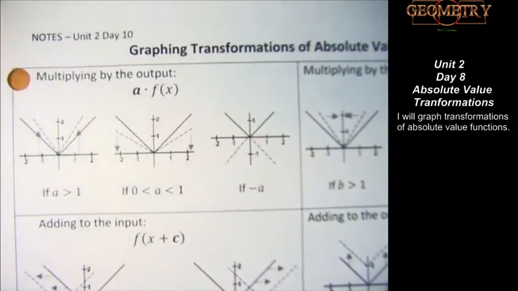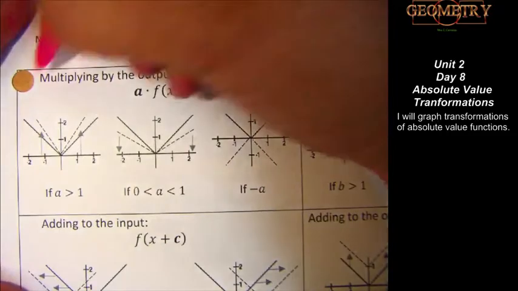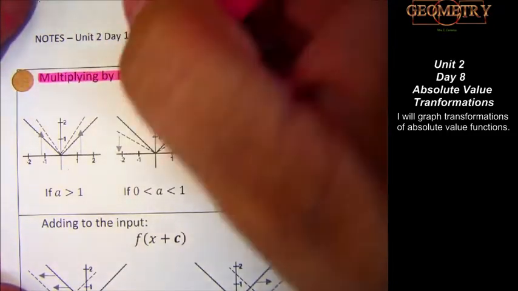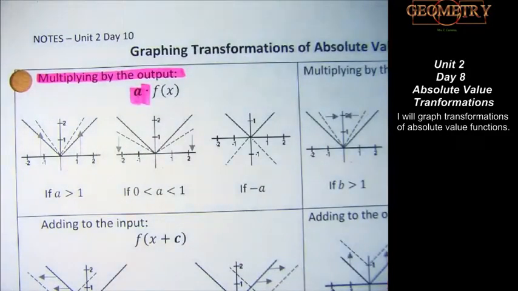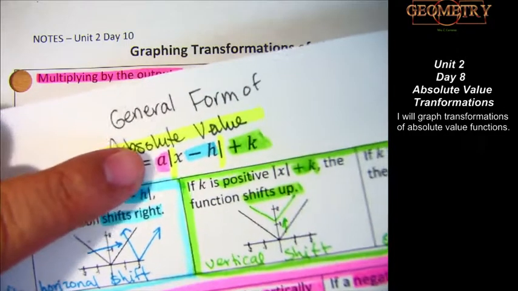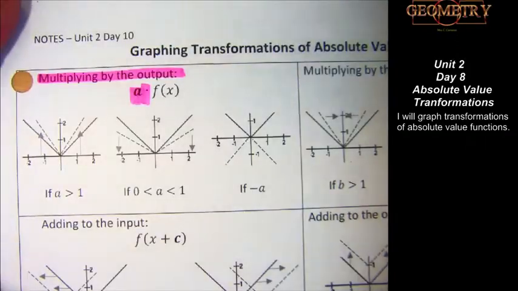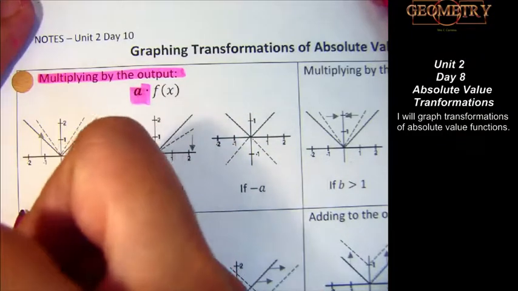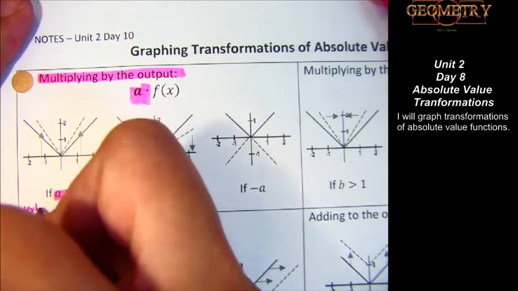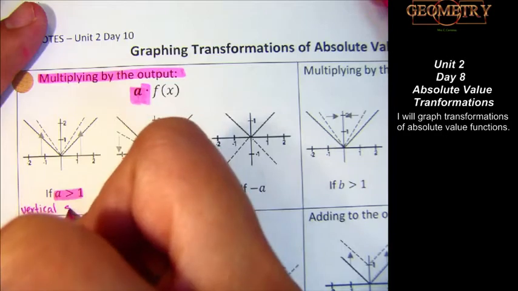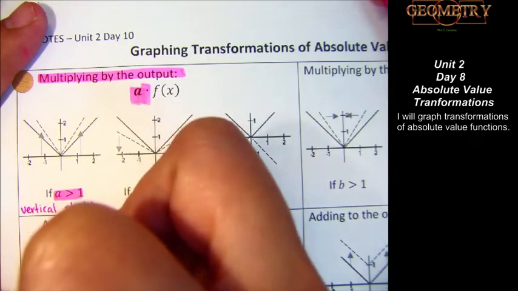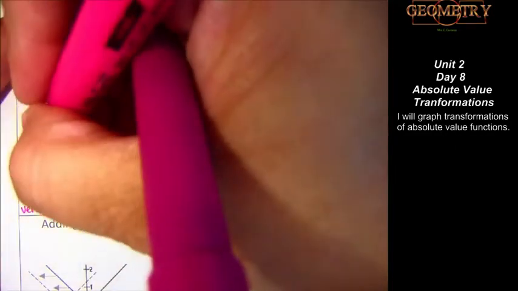All right, scooting in, I'm on the top left bucket. This is what happens when we multiply the output. Notice that we're multiplying outside. That should look really familiar from last time's A. It's the same one. If A is bigger than 1, we have some sort of vertical stretch, and our graph is going to get skinnier.